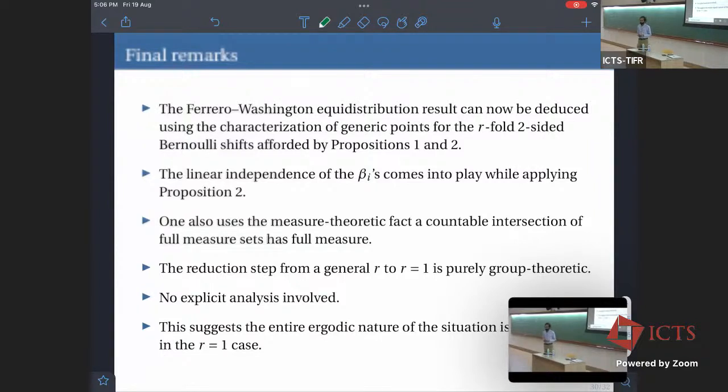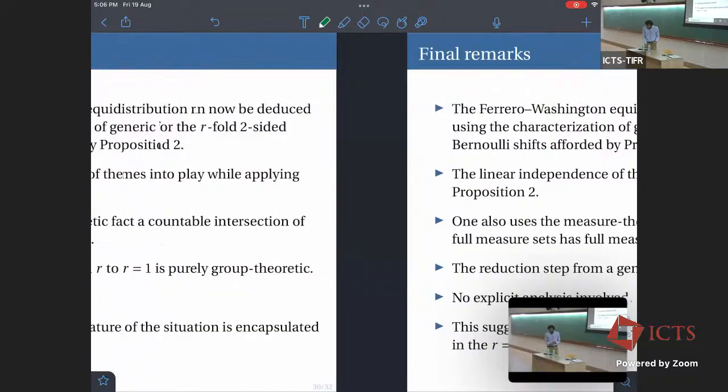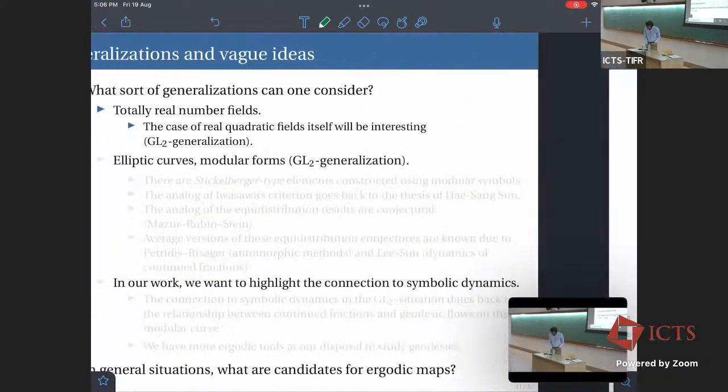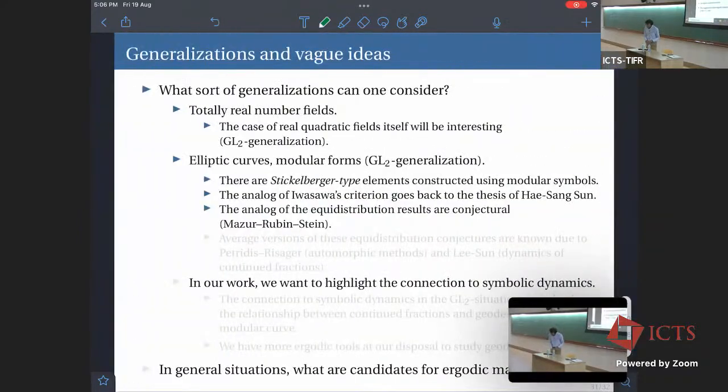I have one question. What are the objects that appear in this Mazur-Rubin conjecture? What is the space where something is equidistributed? So you can look at these modular symbols, phi_f, the integral of f(z) dz from, let's say, infinity.